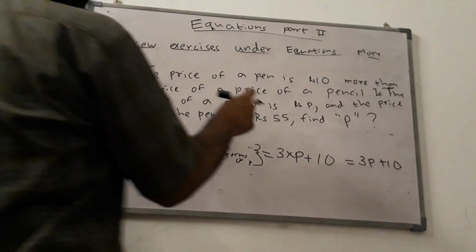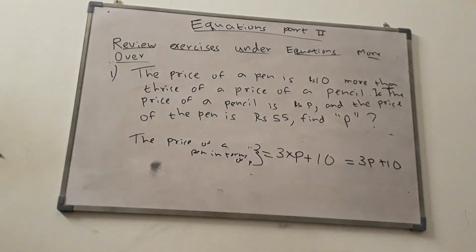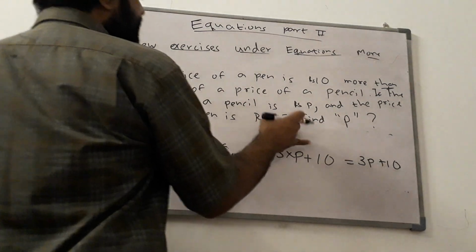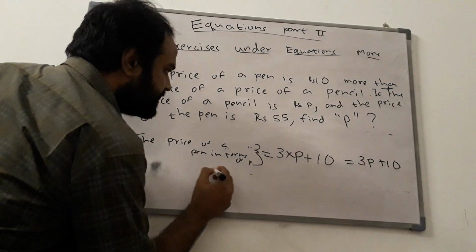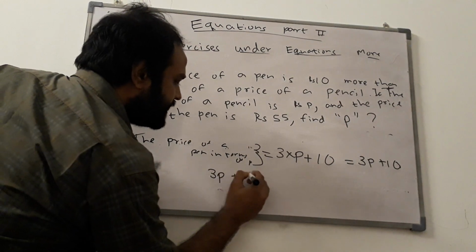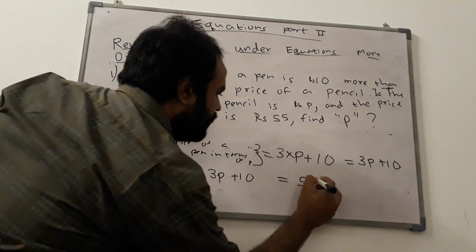And also it is given that the price of a pen is 55. So 3P plus 10 is equal to 55.